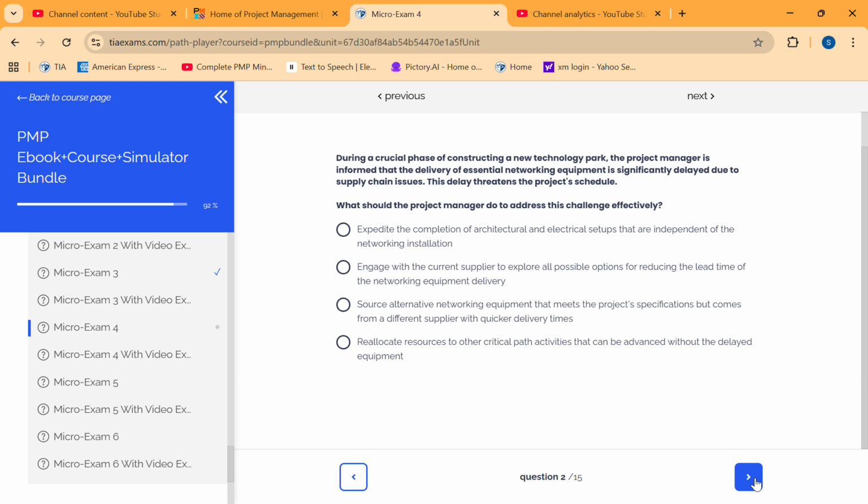Engage with the current supplier to explore all possible options for reducing the lead time of the networking equipment delivery. Source alternative networking equipment that meets the project specification but comes from a different supplier with quicker delivery times. Reallocate resources to other critical path activities that can be advanced without the delayed equipment.